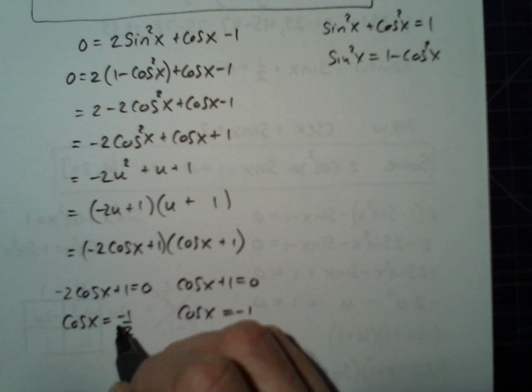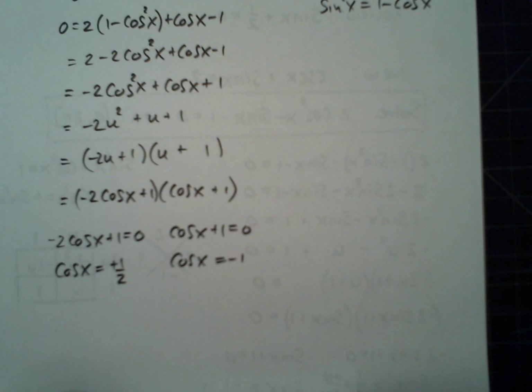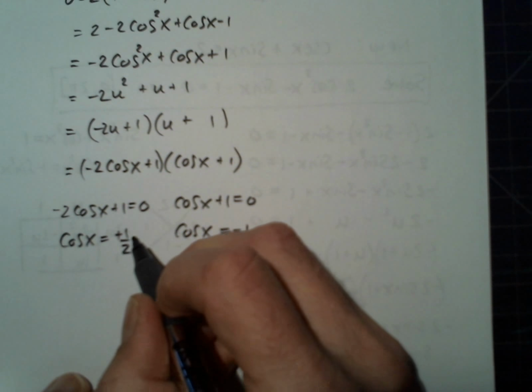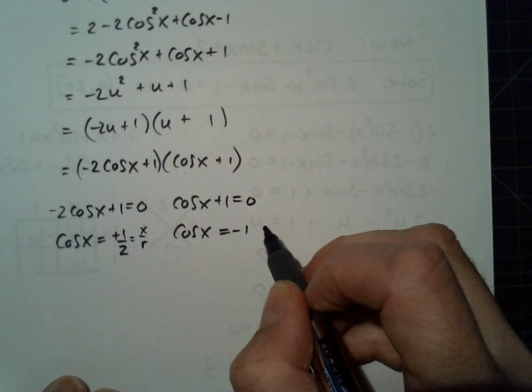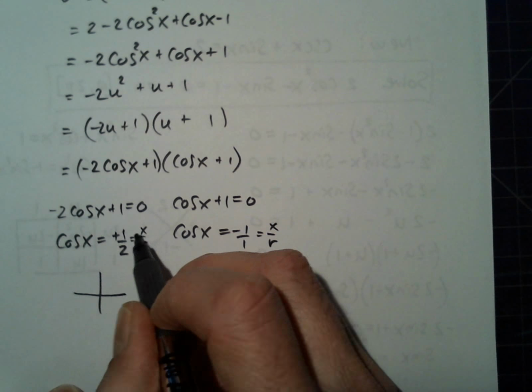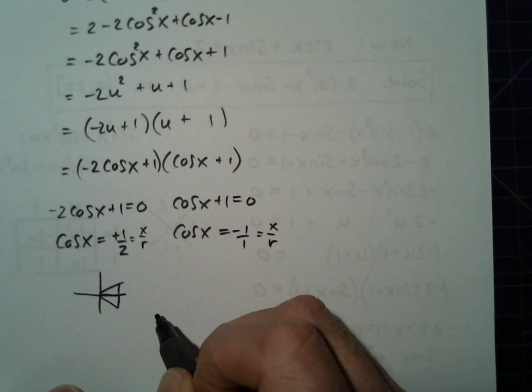And a negative divided by a negative is a positive. And here we have x over r, and this is x over r. So the x is positive, that means the angles will be over there.